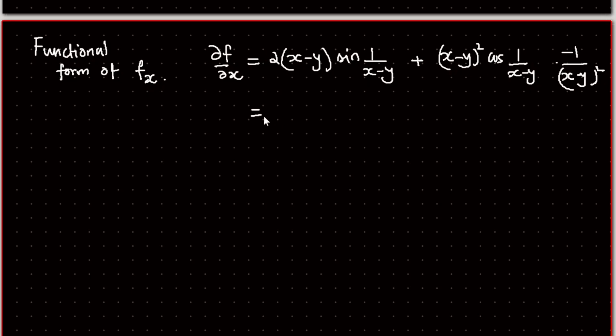So that is equal to 2(x − y) sin(1/(x − y)) − cos(1/(x − y)). This is whenever x is not equal to y, right?